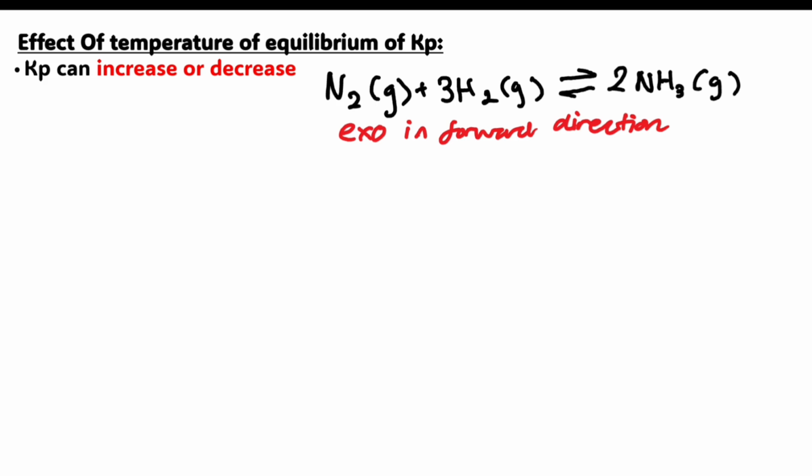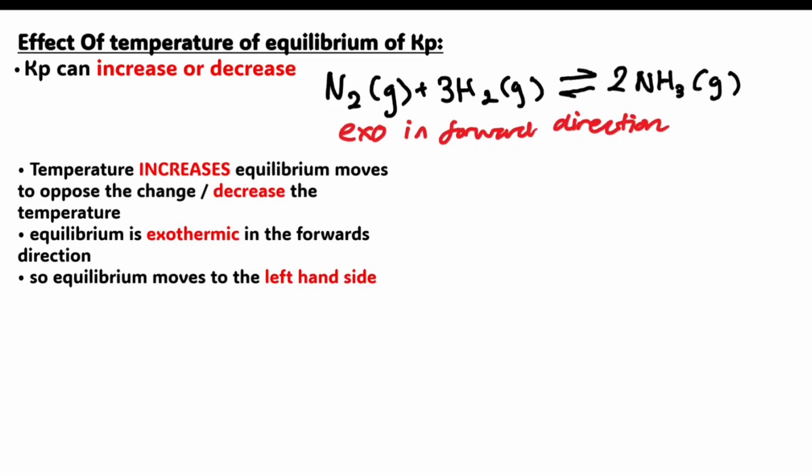Since it's exothermic in the forward direction, that means more heat is being released when the reaction goes forward, and that's what exothermic is. Therefore, as the temperature increases, equilibrium moves to oppose the change. So equilibrium would move to this side, okay?